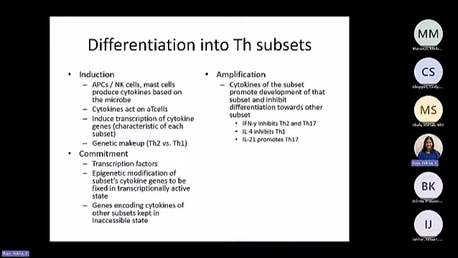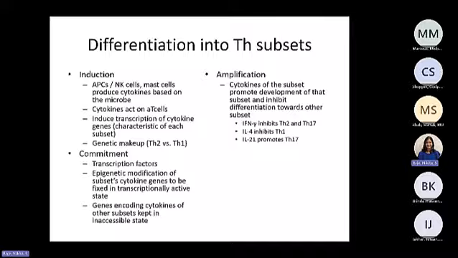Those transcription factors are the ones that are going to be activated, go to the nucleus, and act on promoter regions of certain genes that will make certain proteins. Also, there is some genetic makeup that leads to pulling of the cells into either Th1 or Th2 direction.